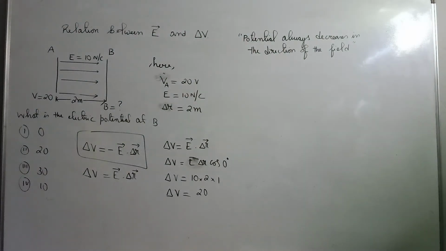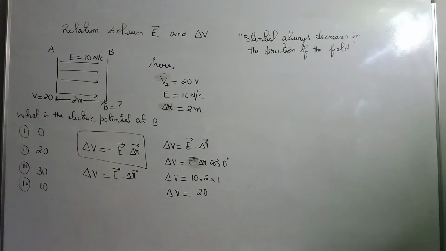So what is the problem here? The difference in their potential is equal to 20. We need to find VB.